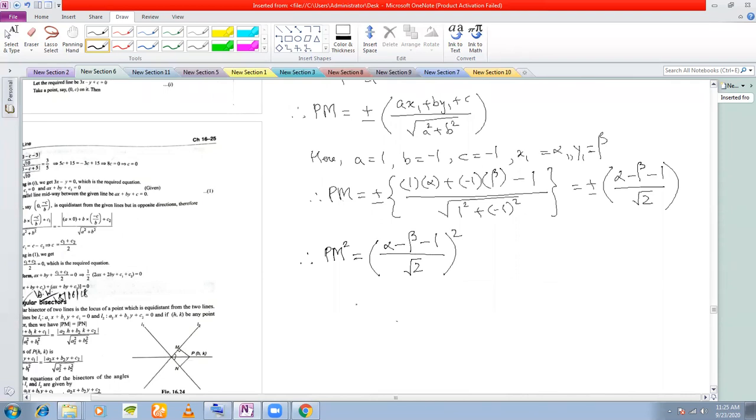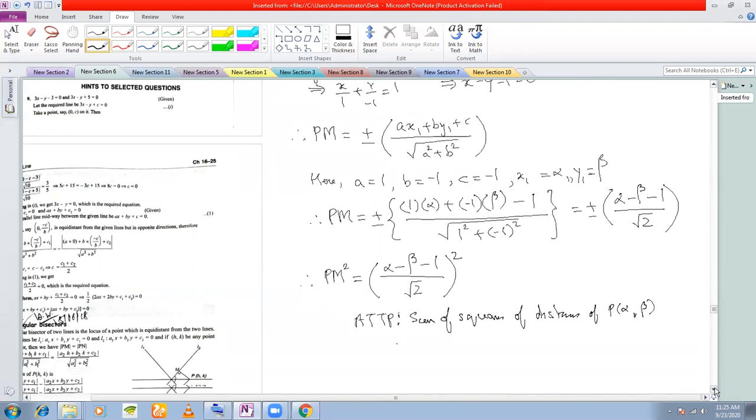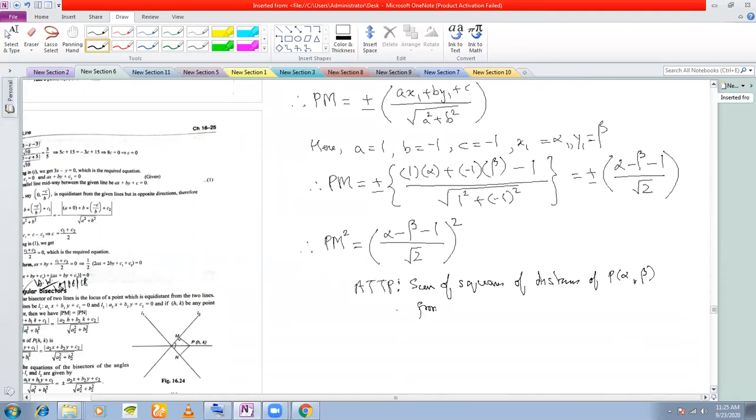Okay. So according to the problem, what is the geometric condition which will give us our equation of locus? The sum of the squares of distances of P(alpha, beta) from the x and y coordinate axes is equal to PM square.